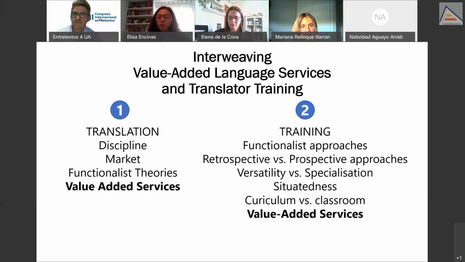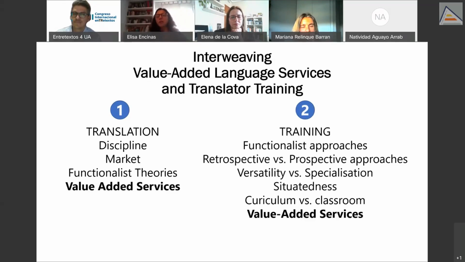I have to clarify from the beginning, as you will see, that my stance towards training is a functionalist one. I also always come to this duality between retrospective and prospective approaches, which comes from an educational theorist from 100 years ago or so, called Dewey.